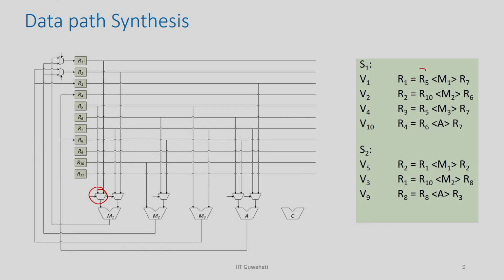In the first time step you need R5, and in the next time step you need R1. So, this will be a multiplexer between R5 and R1. At the right hand input it is a multiplexer between R7 and R2. So, I am putting R7 here and R2 here. At the output this will go to R1 and this will go to R2, right. So, they will be connected.